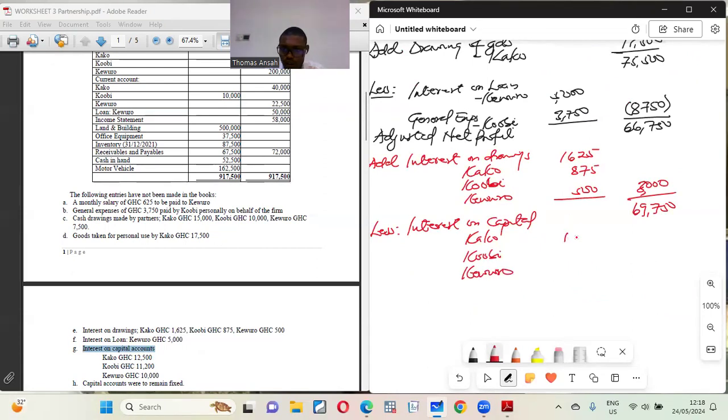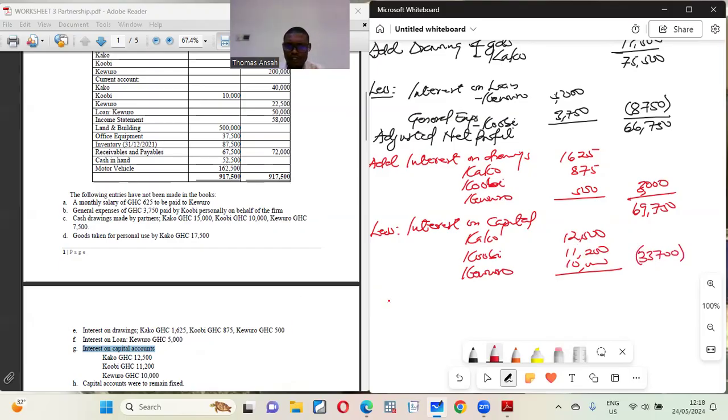Now we have 12,500, we have 11,200, we have 10,000. So if we add these three things together, what do we have? So if you add, you see it's clear, 33,700, right? 33,700.